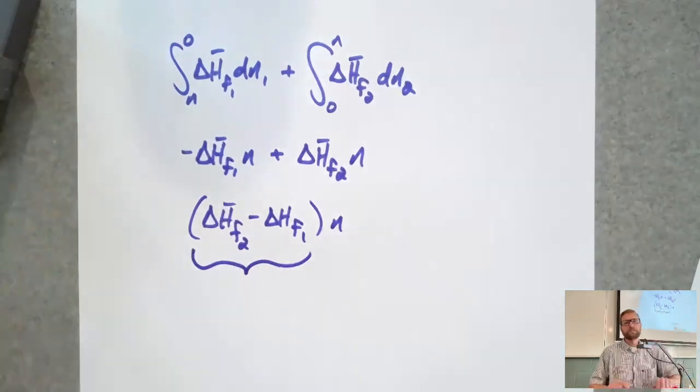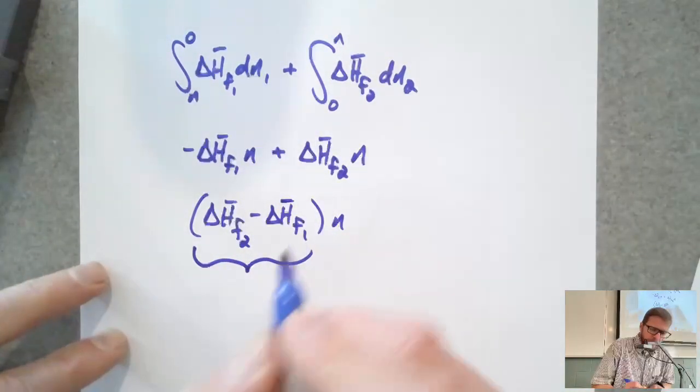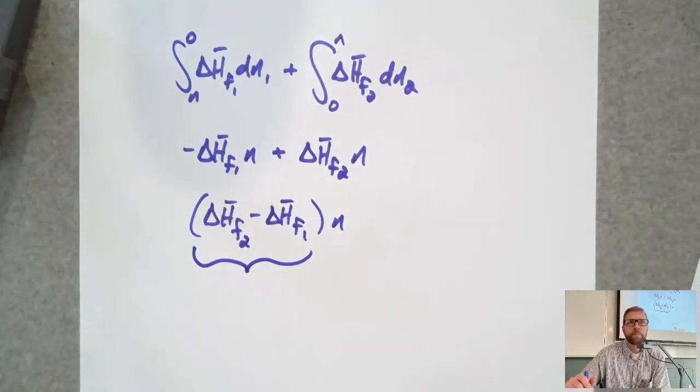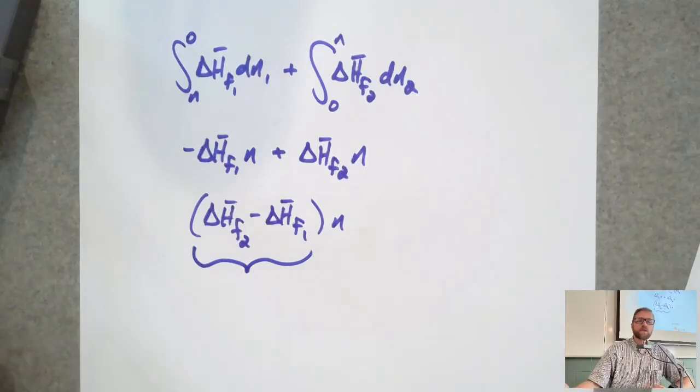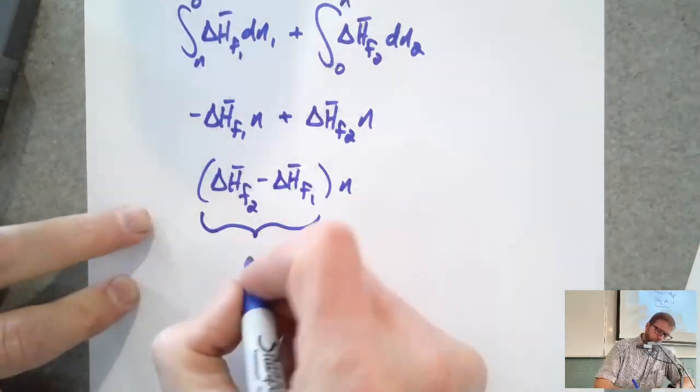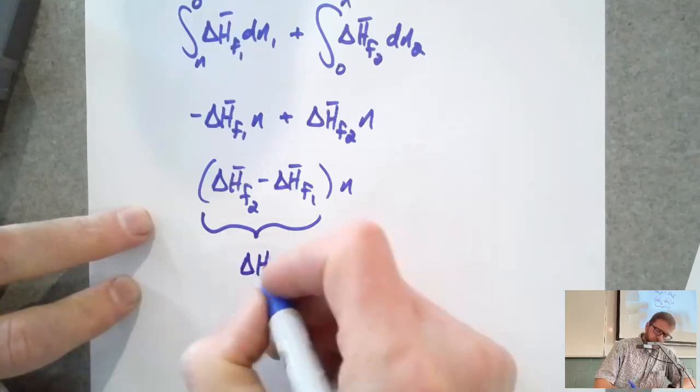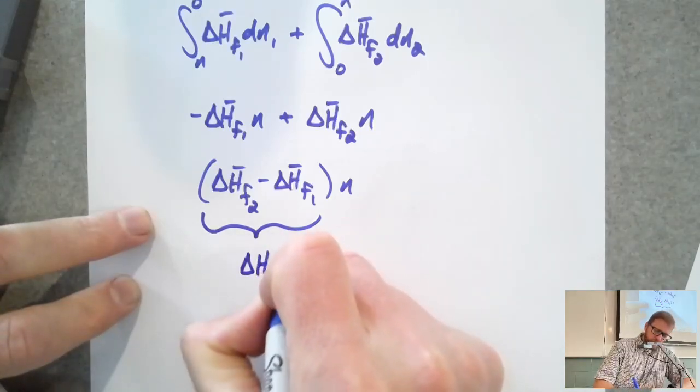What is that? Yeah, it's the change. It's the delta H for, in this case, the phase transition. But this could be true for, like, a chemical reaction, right? It could be delta H of the chemical reaction. It doesn't really matter. This turns out to be delta H, in this case, of vaporization.